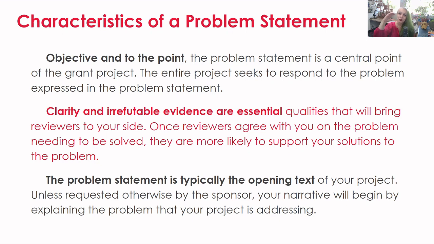So those constraints of, hey, this is what I'm doing in this grant. I know this problem is a bigger problem, but this is what I'm doing in this grant. It's important to keep that in mind as well, to be clear about what part of the problem we are addressing and then focus on that. And then that will help us understand if we really need to elaborate further on certain parts of the grant or not.